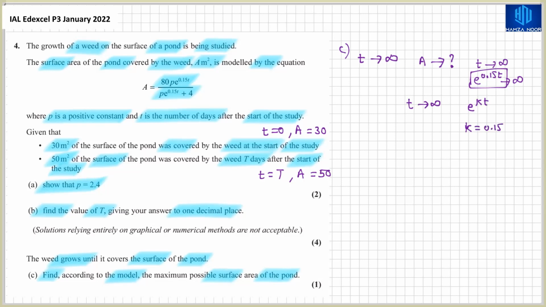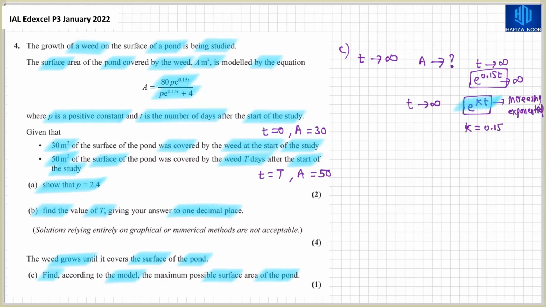So this is an increasing exponential term. When t approaches infinity, e raised to the power kt will also approach infinity. So why don't we make an equation in which we have a decreasing exponential term instead of an increasing exponential term?